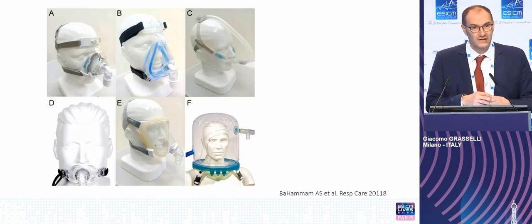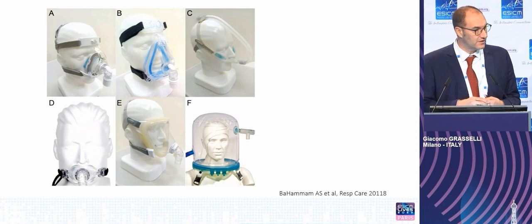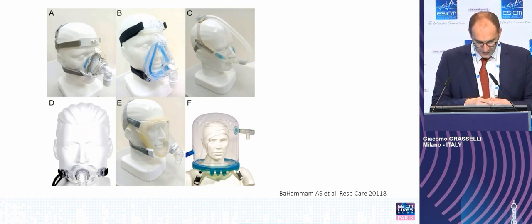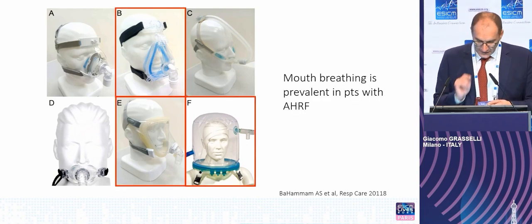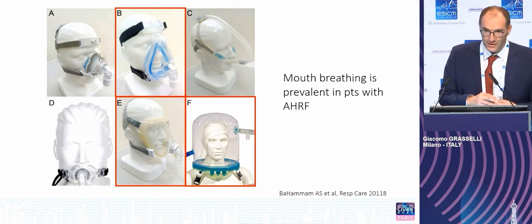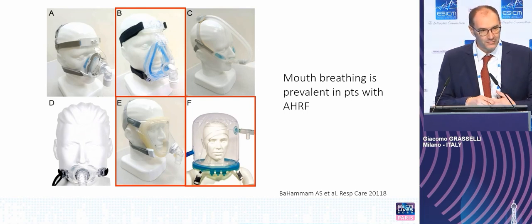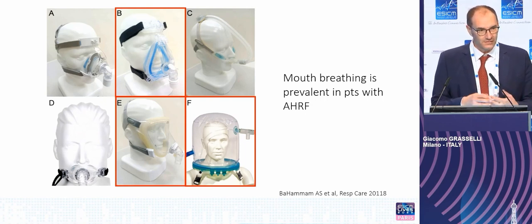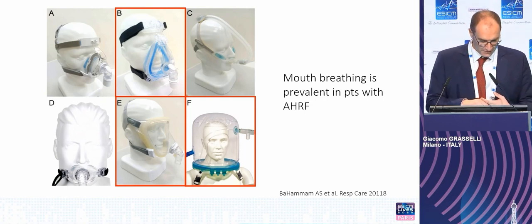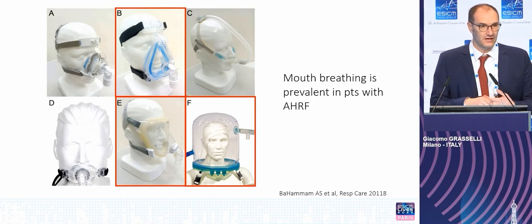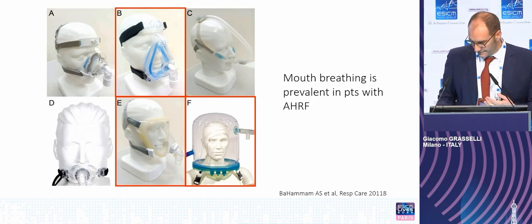As you know, there are many interfaces that can be used to apply non-invasive ventilation with a ventilator. And since patients with acute hypoxemic respiratory failure prevalently have mouth breathing, the most commonly used interfaces are face mask, total face mask, or the helmet.